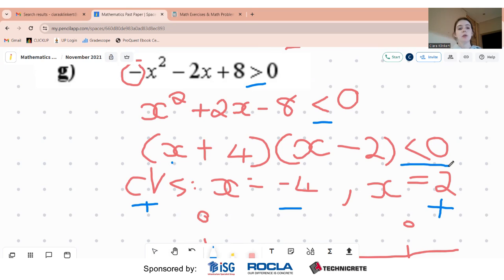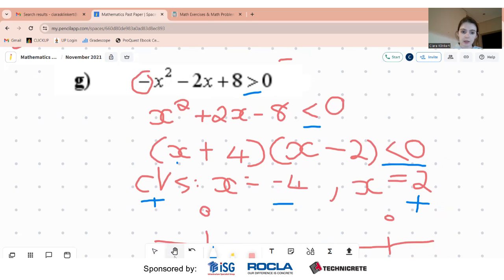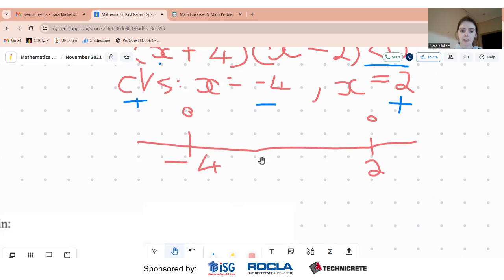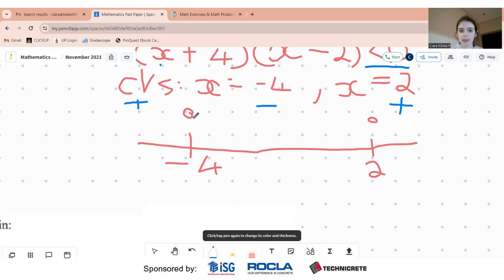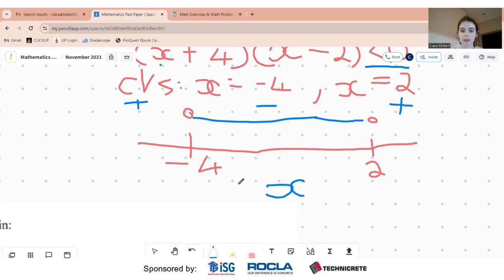Because remember, we had to divide out by -1, which changed the direction of the inequality sign, and that was actually very important. So it's less than 0. So we are in the negative region. So I connect the 2 dots, and I know that x is going to be sandwiched by -4 and 2. And that is how I approach that question.